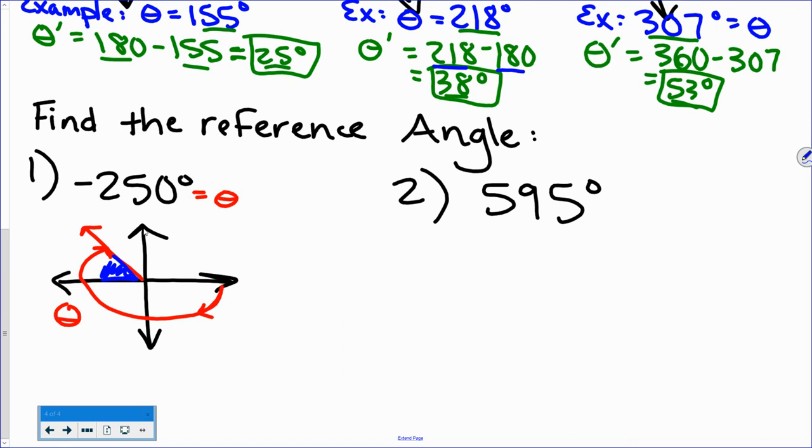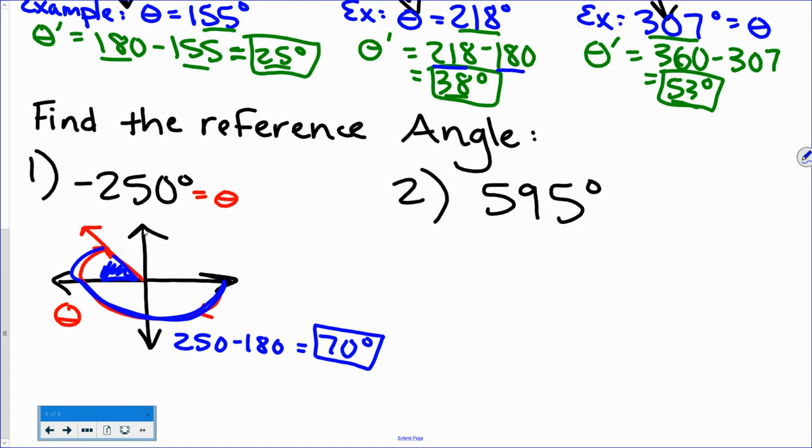There's a couple different ways you can think about this. Since we are in quadrant 2, it does have something to do with 180, right? Because this makes 180. If you ignored for a second that this is a negative angle, and you think about that this is 180, and then how much more do we need to go to get to 250? So you could take 250 minus 180 to get your remaining 70 degrees.